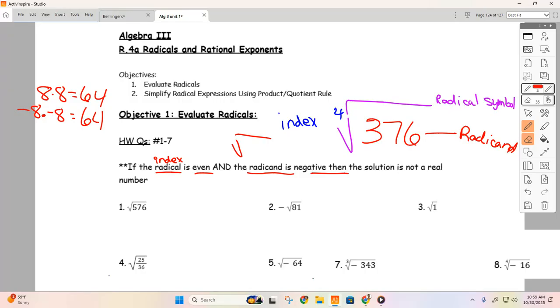So whenever we have an even number index, this could be the 4th root, the 6th root, and a negative number is under it, we're going to say that there's no real solution. Later in the year, we're going to learn about imaginary numbers, but for now, we're just going to say no real solution for those. Okay, that's the only extra special trick to these.